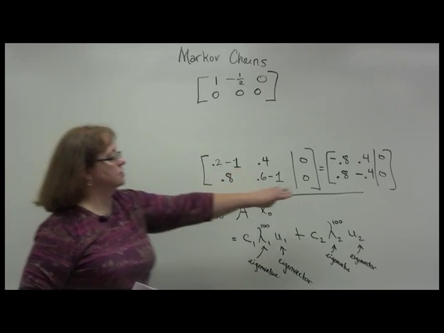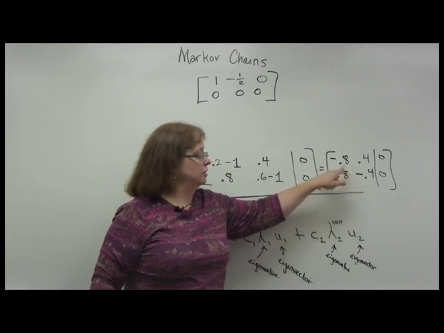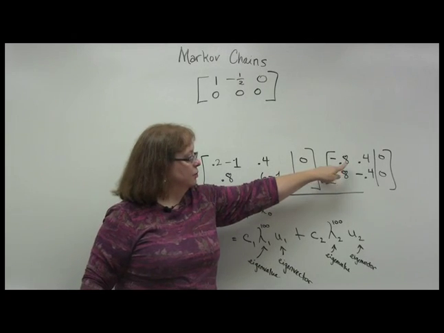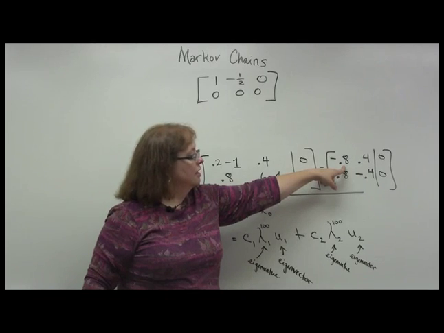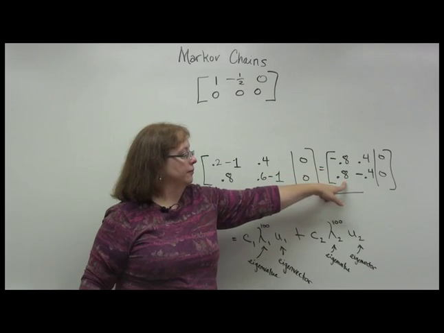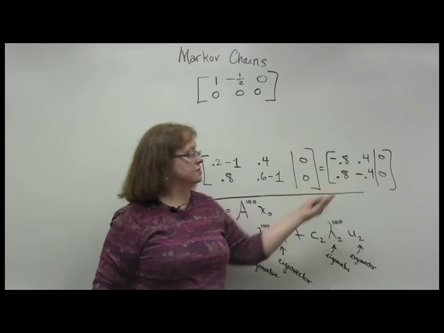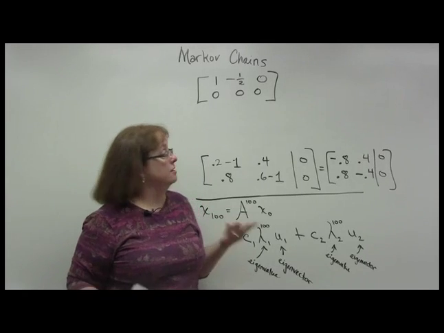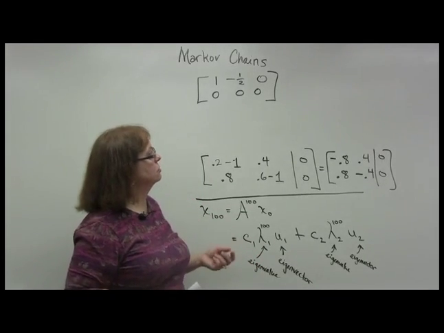So if I take this to reduced echelon form, row reduced echelon form, my first step would be to get a 1 here, if you recall. And then once I get a 1 there, which you could divide by negative 0.8 to get, then I would want to get a 0 here. Okay, and that would also be pretty quick and easy. And it actually turns out that as soon as you get your 0 in this position, the whole row zeroes out. Not a big surprise, because I knew I was going to have infinitely many eigenvectors.